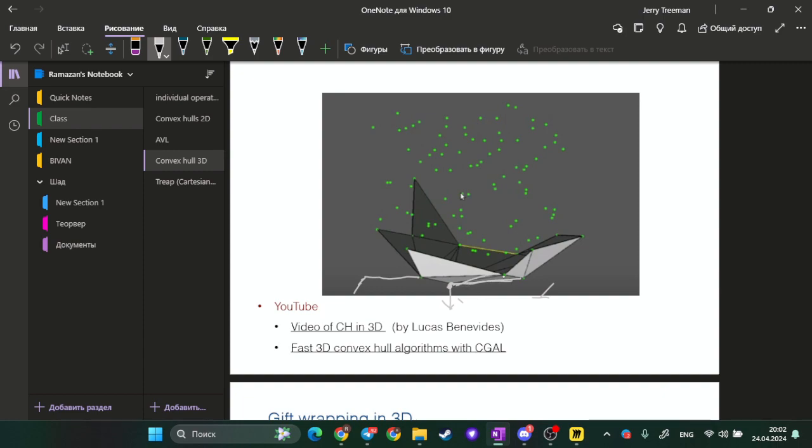It can be like this, or like this, or like this, and so on. And we need to choose the smallest of them.